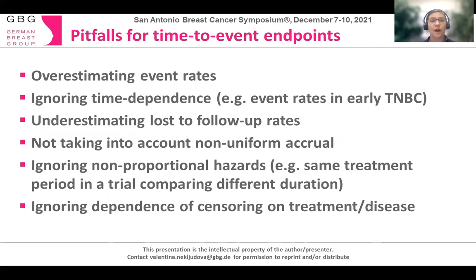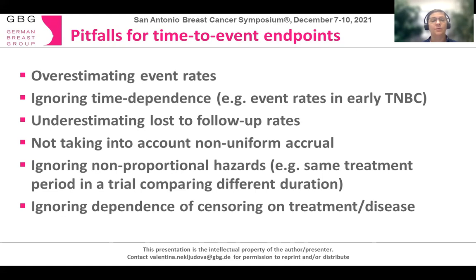An efficient trial is a trial which answers the question. An underpowered trial is always a problem. I listed some typical sources of problems. Try not to overestimate your event rates.